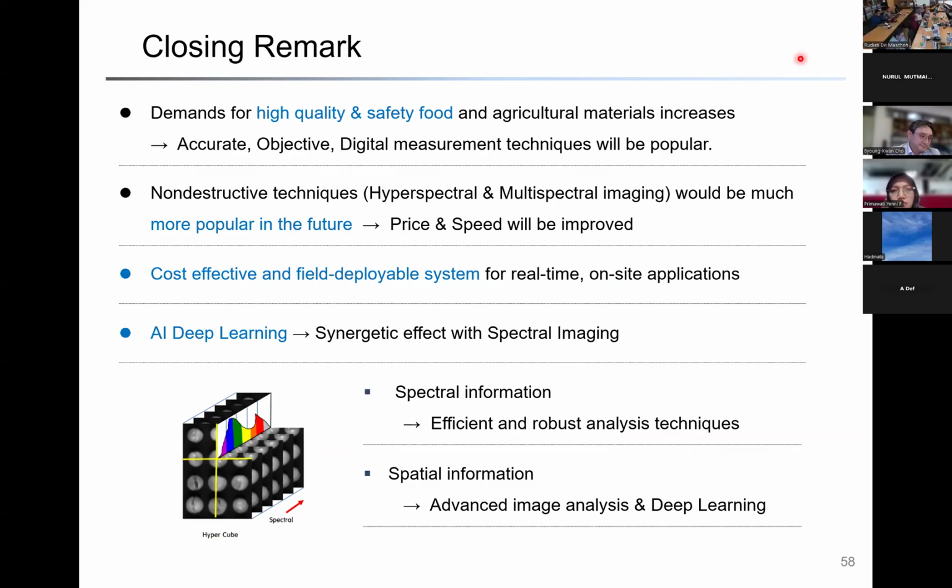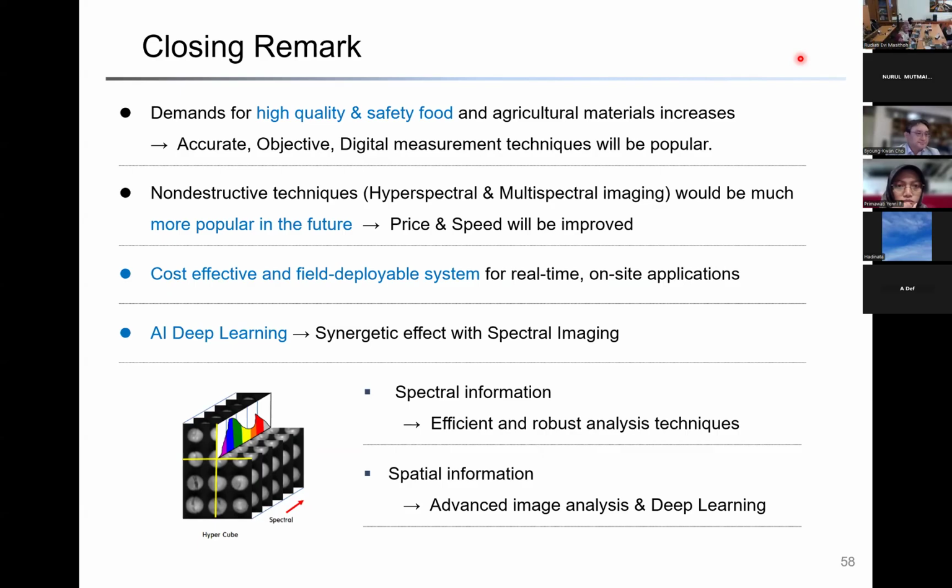Hyperspectral imaging and spectroscopy are really affected by environmental conditions. In Indonesia we have only two seasons, and the temperature is not really high or low.